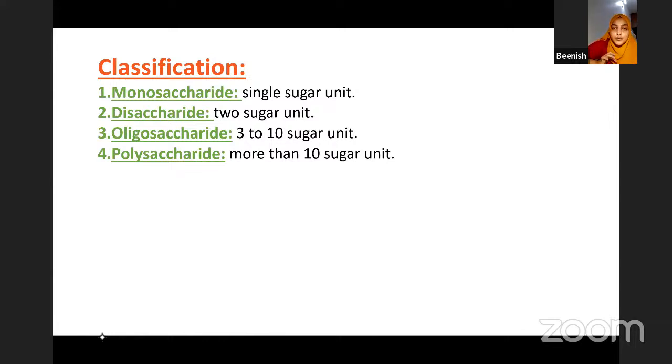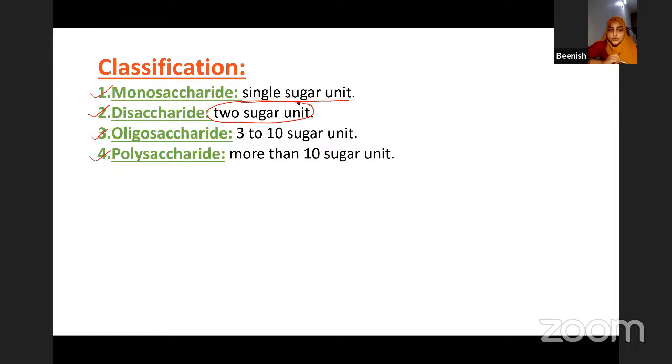Now, moving on to the classification of carbohydrates. They are classified into monosaccharide, disaccharide, oligosaccharide, and polysaccharide, depending upon the number of monomeric units. Monosaccharides have a single sugar unit. Now, disaccharides have two monomers.